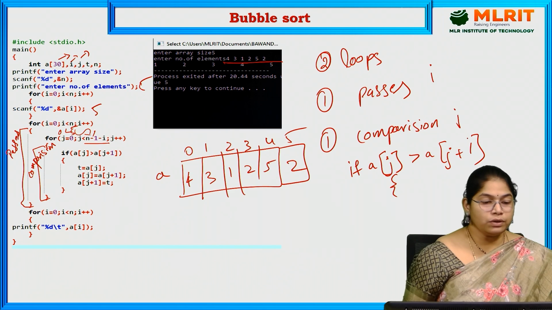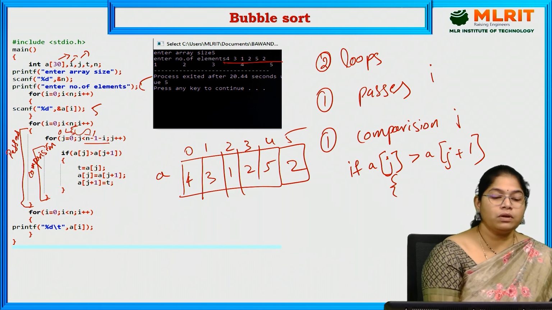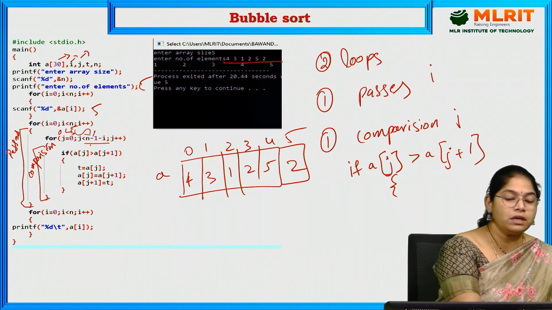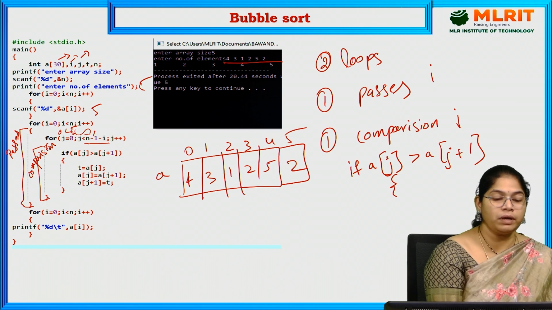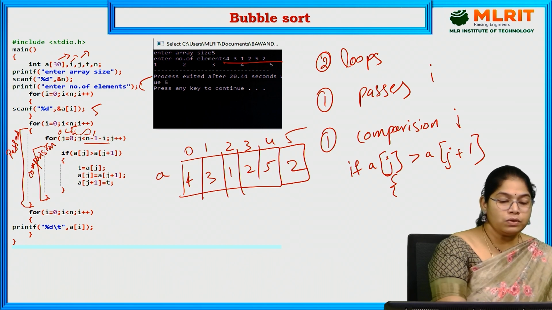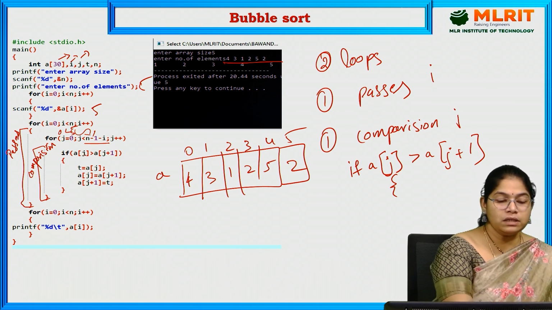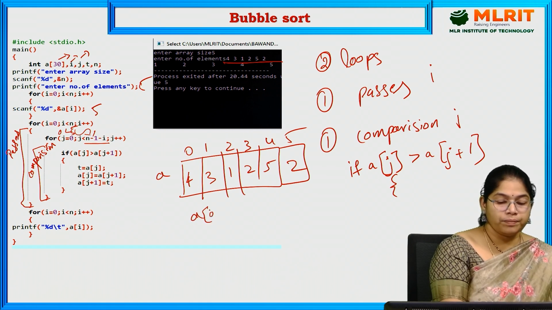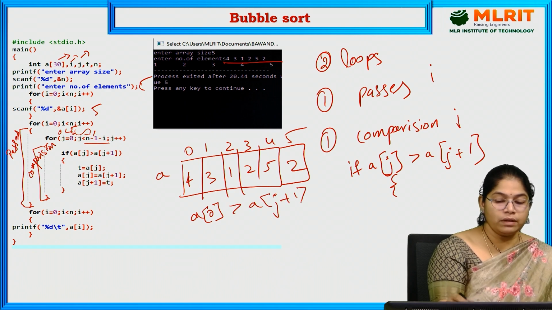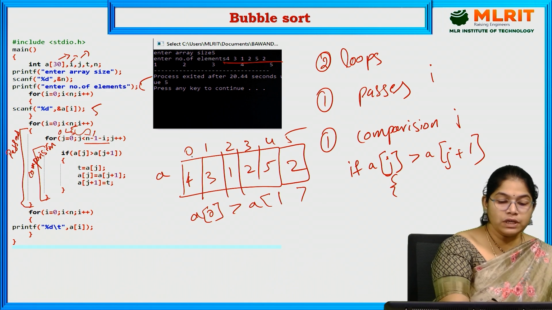To avoid those unnecessary comparisons, here I consider a condition as J less than N minus I minus 1. So if A of J, that is A of 0, is greater than A of J plus 1, that means 0 plus 1, now it is 1. A of 0, I am comparing with A of 1.